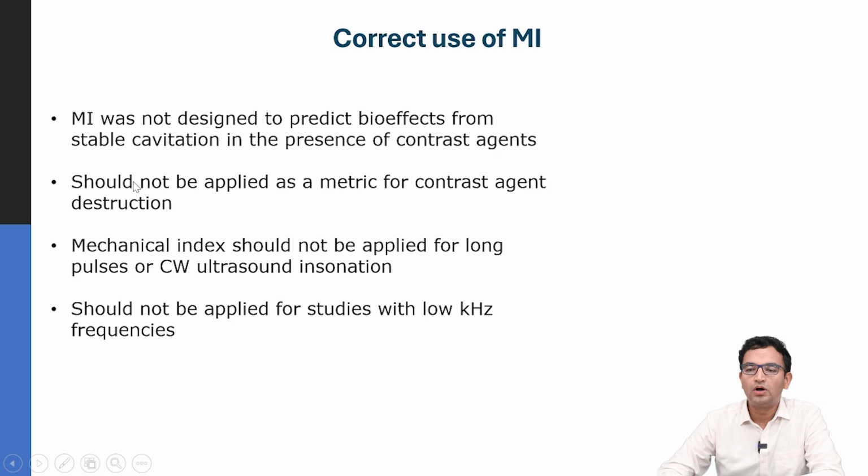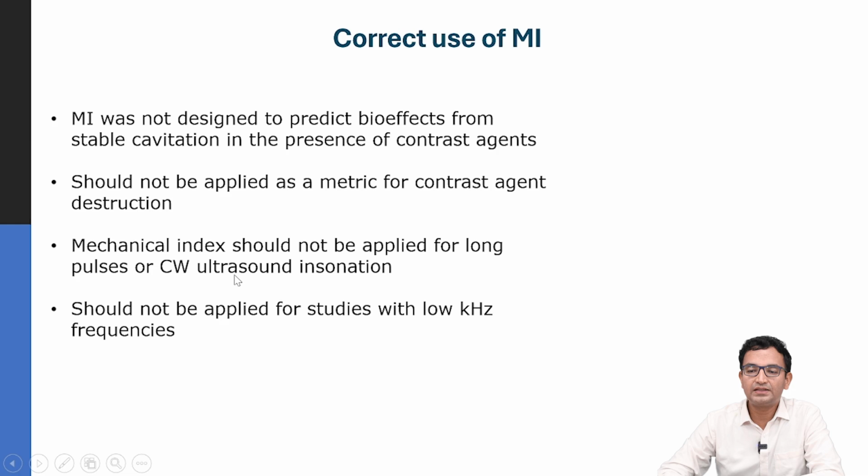Also, although there is some correlation between MI and bubble disruption, at higher MI you will get more bubble disruption, it is not the appropriate metric to be used for contrast agent destruction. Some people have reported it, but it was not designed to indicate contrast agent destruction. So that should be kept in mind.